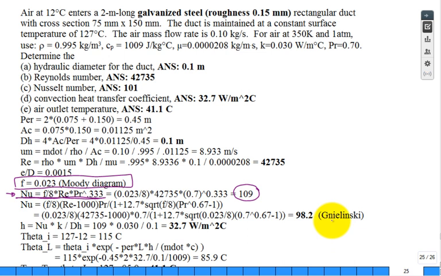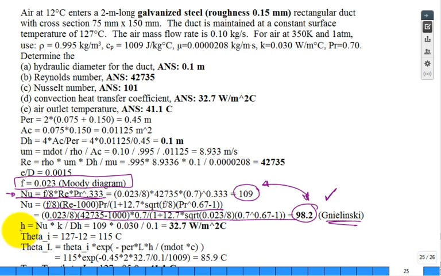If we use this correlation, I have a little more thumb work on my calculator, and I calculate 98.2. Yeah, they're different. 109 versus 98.2. They're both okay. This one is the preferred approach at this point.